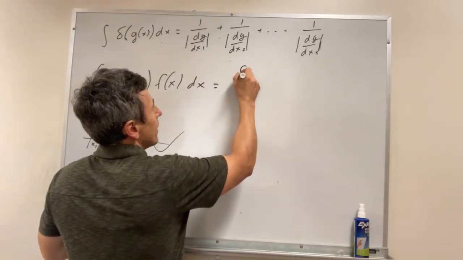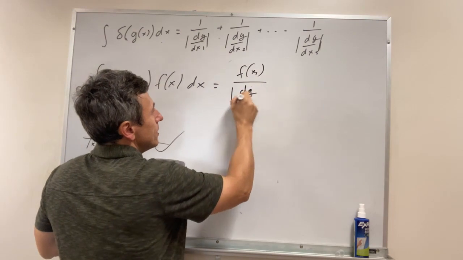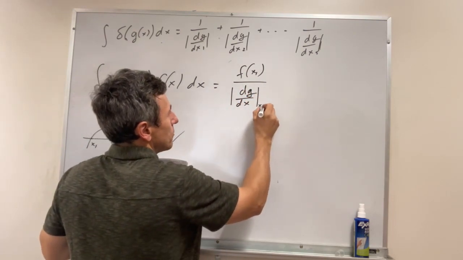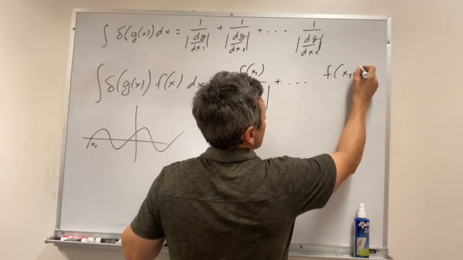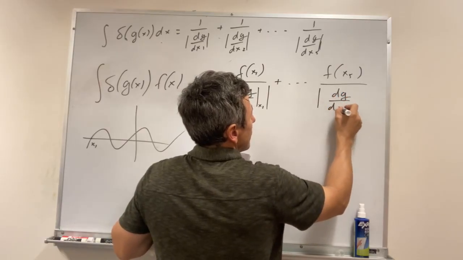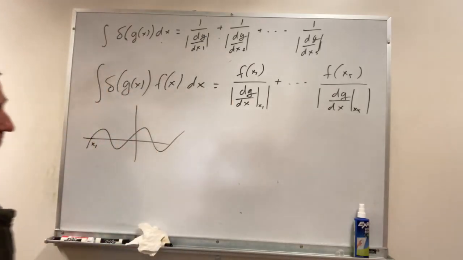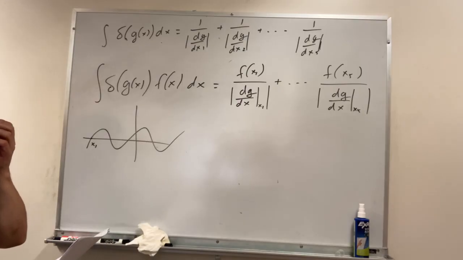So the expression will be f of x1 divided by the absolute value of the derivative of function g with respect to x at point x1, plus and so on, f at point x5 divided by the absolute value of the derivative of function g at point x5. So this is the idea how to calculate the delta function with this type of arguments.